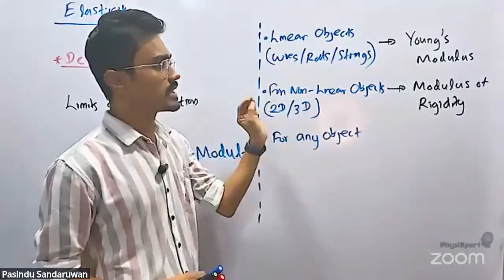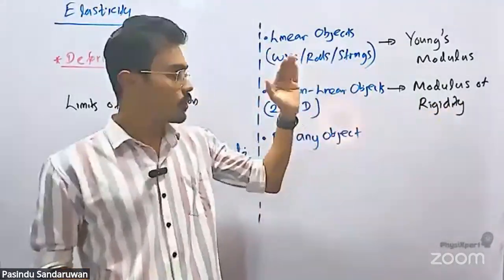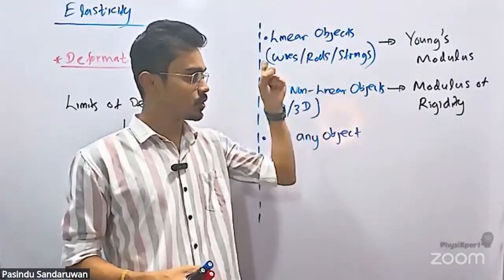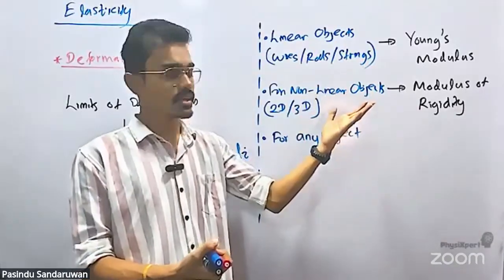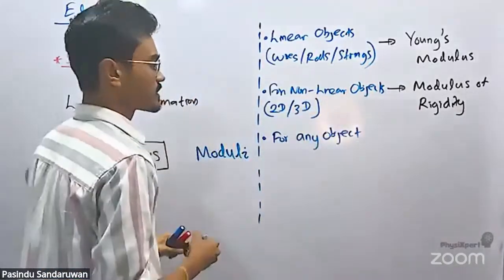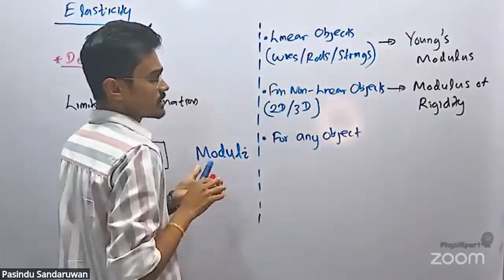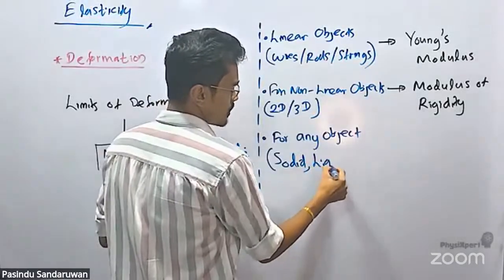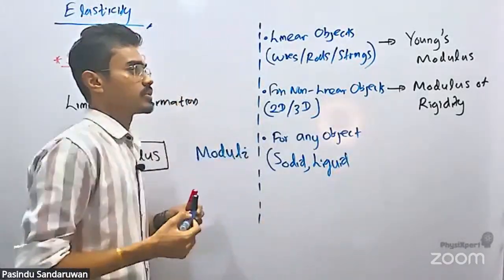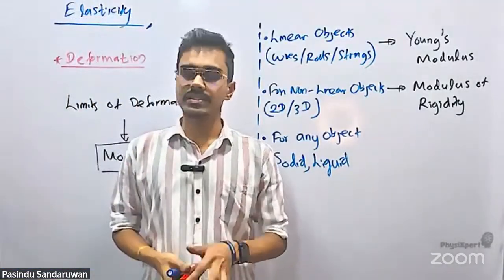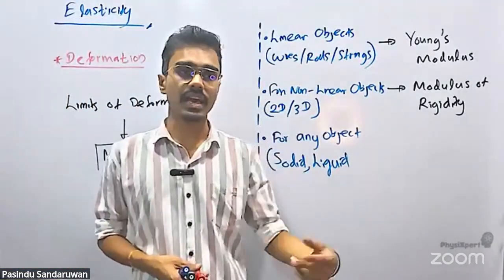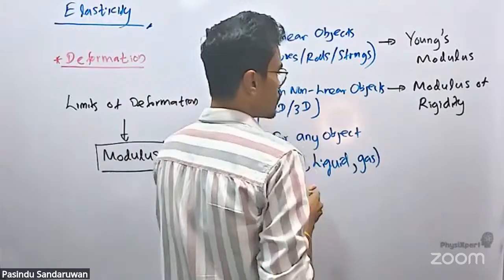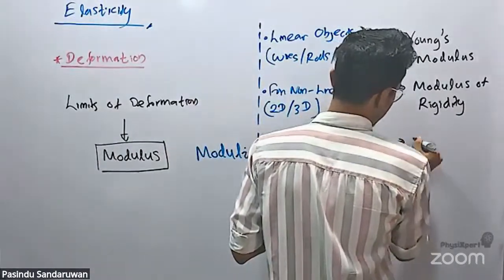For non-linear 2D and 3D ones specifically, we have modulus of rigidity. And this is applicable for any object for which these two cannot be used, any solid or liquid, especially when it doesn't have any shape. Even rarely for gases this is applicable. This is called bulk modulus.